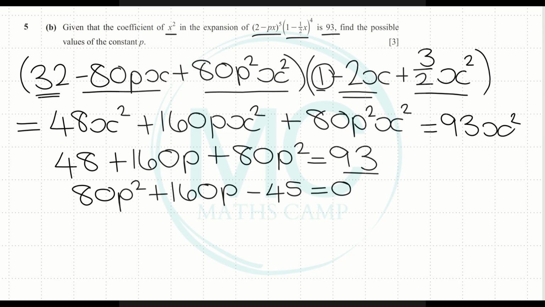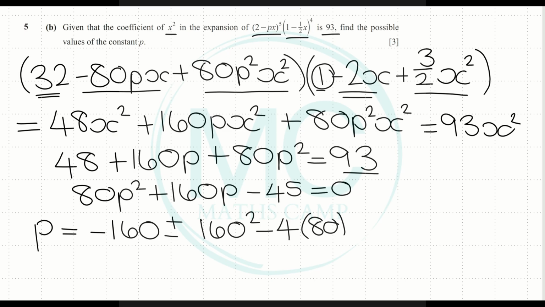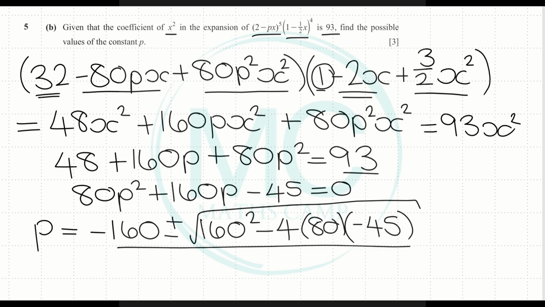Again, let's use the quadratic formula to solve for p. We can say p is equal to negative b, negative 160, plus minus the square root of b squared, 160 squared, minus 4, multiplied by a, 80, multiplied by c, negative 45, all over 80 multiplied by 2, which is 160.